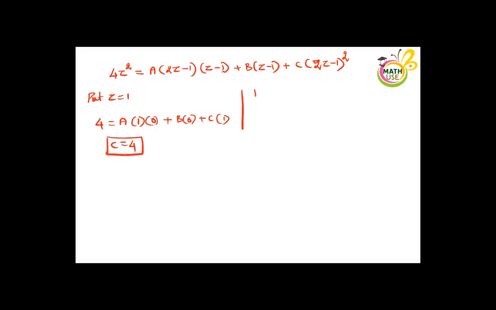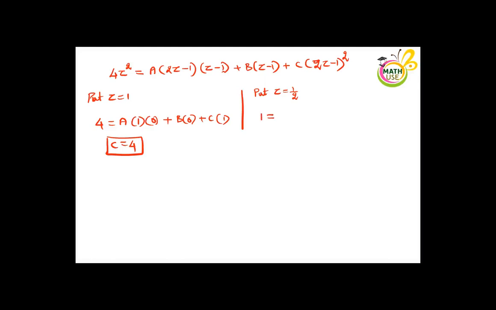The next thing, we need to put z equal to 1 by 2. When you put z equal to 1 by 2, the left hand side comes 1 by 4, so 4 into 1 by 4 gets cancelled.